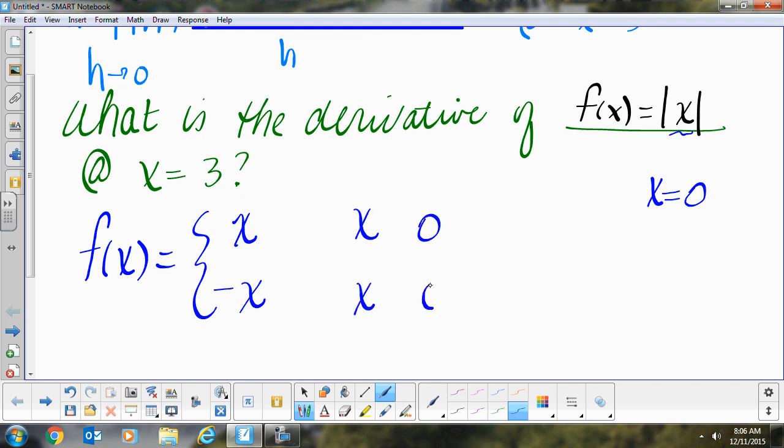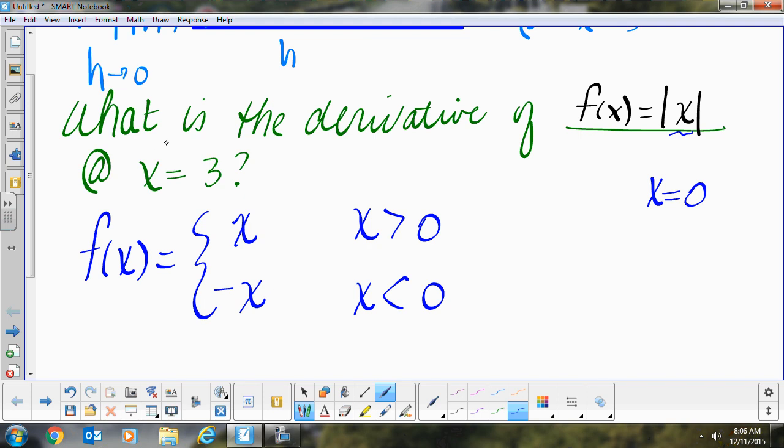Now you have to ask yourself, which side of 0 keeps x positive? The right side. Which side of 0 keeps the negative version positive? The left, because negative, negative, negative is positive.